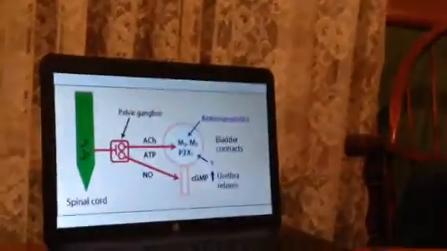Now in a healthy cat, the lower urinary tract is innervated by peripheral nerves that involve the parasympathetic, sympathetic, and somatic nervous systems. In parasympathetic pathways, there are parasympathetic preganglionic neurons that innervate the lower urinary tract that are located in the lateral part of the sacral intermediate gray matter.